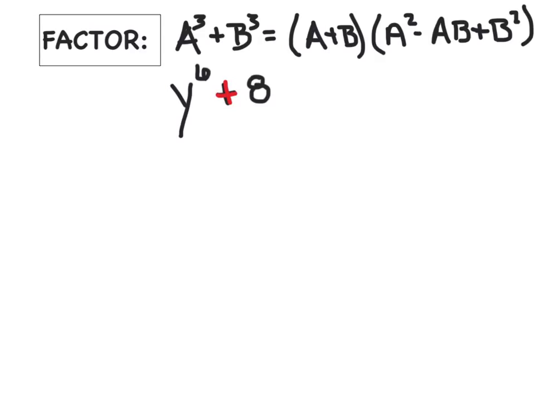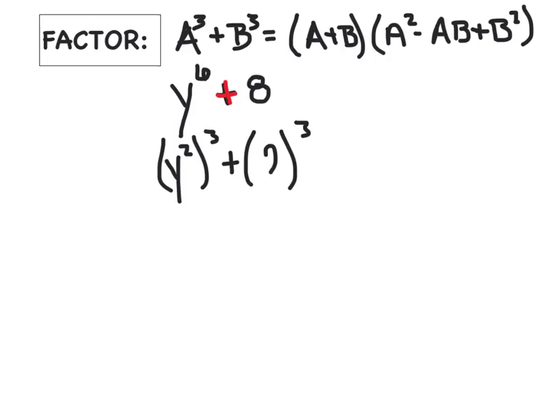Now the next thing I like to do is ask myself, what's getting cubed to create these terms? And in order, so I'm asking myself, what raised to the third power equals y to the 6th? And hopefully you feel comfortable saying y squared. And then I could also say, what raised to the third power equals 8? And again, hopefully you feel comfortable saying 2.